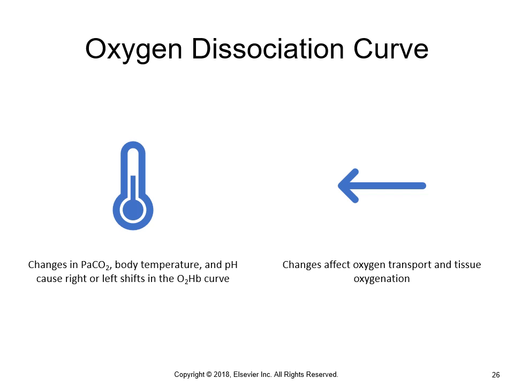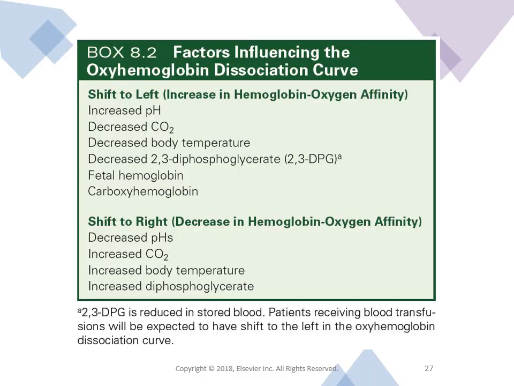Shifts to the right, or a decrease in hemoglobin oxygen affinity, include decreased pH, increased CO2, increased body temp, and increased diphosphoglycerate. This can be reviewed in box 8.2 on page 152 in your Wilkins book.